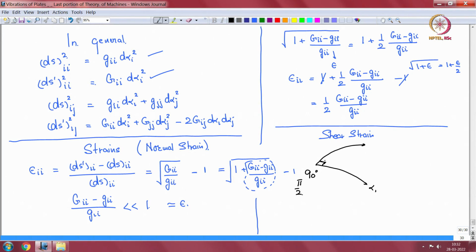And then when there is a deformation, that angle changes. So this angle now, if I call it theta ij, then epsilon ij is given by pi by 2 minus theta ij.